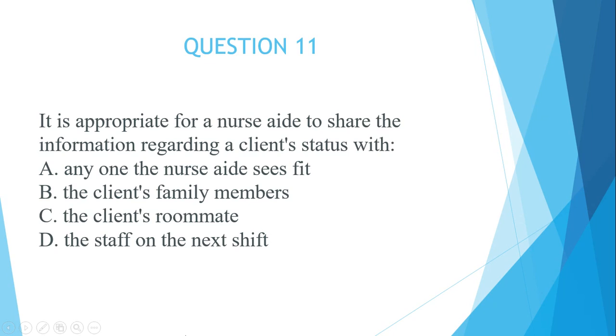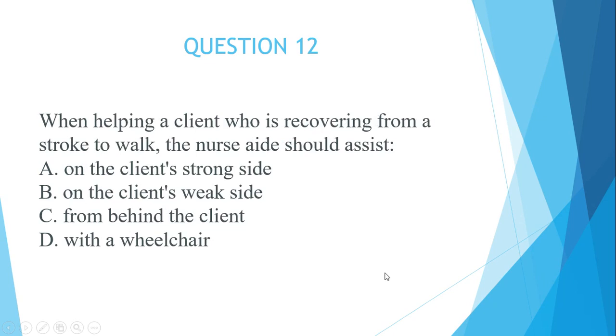So the answer is what? D. The staff on the next shift. Maybe the nurse aide that is coming to take over from you, or the one you are going to take over from. That's the person you need to give information to, not any of those other options.